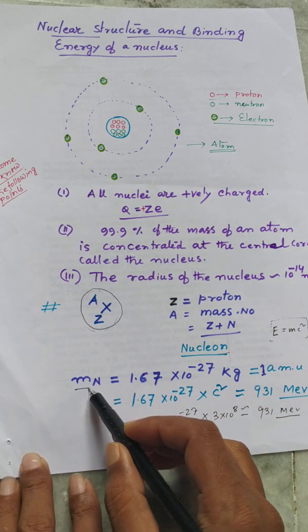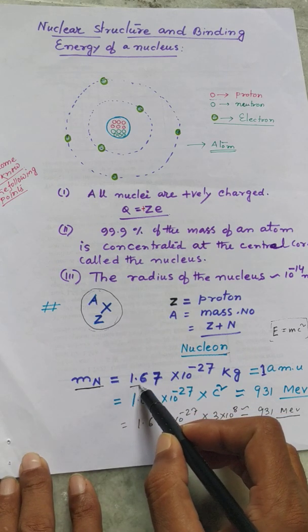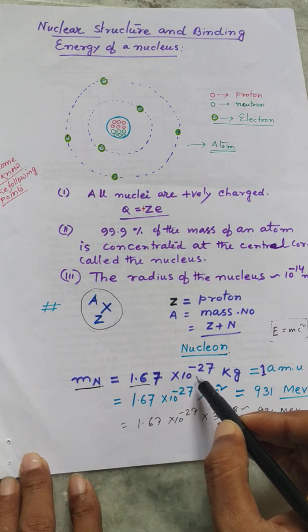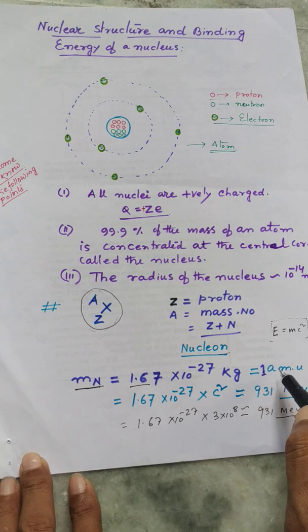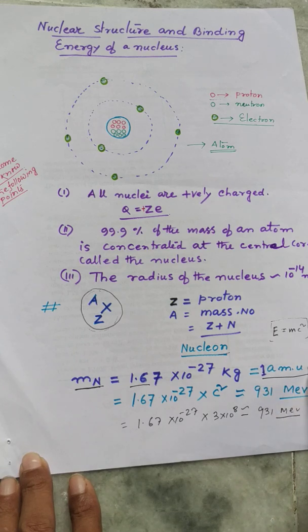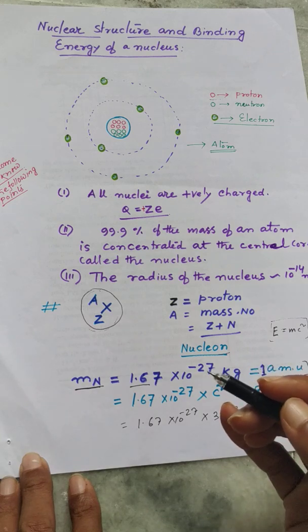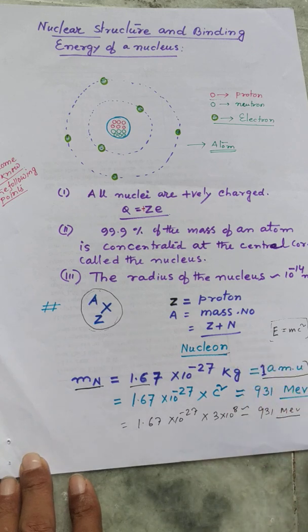So protons and neutrons are not different physical entities. The mass of the nucleon is about 1.67 times 10 to the power minus 27 kg, and this is called 1 atomic mass unit. This is the unit by which we measure the mass of all nuclear particles.